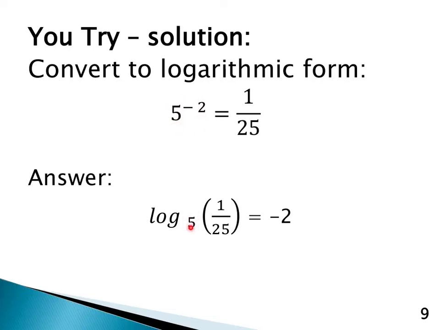And so the base 5 is this base 5. The 5 lifts the negative 2 up on its shoulders. Here it is up on its shoulders, and it's equal to what is inside. So how'd you do? Hopefully, if you've been paying attention, you did well.